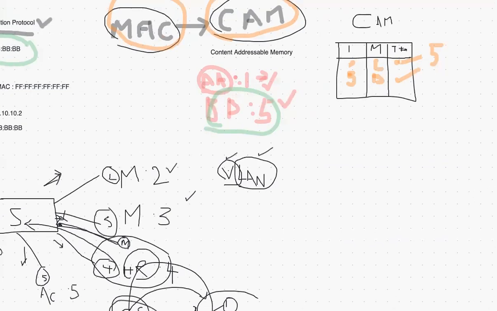So let's do a troubleshooting scenario. So there is a switch. Let's say you guys are working in a company, let's say Capital One.